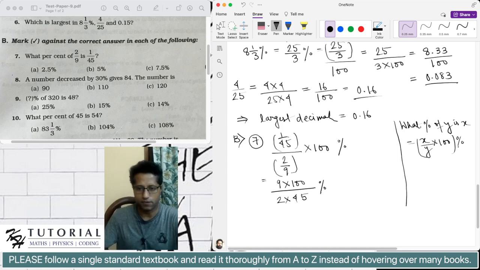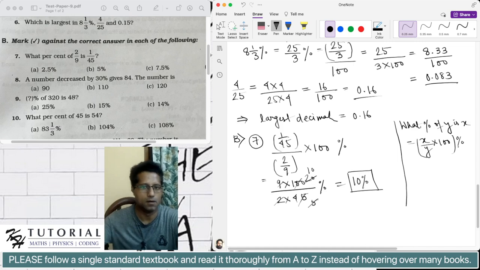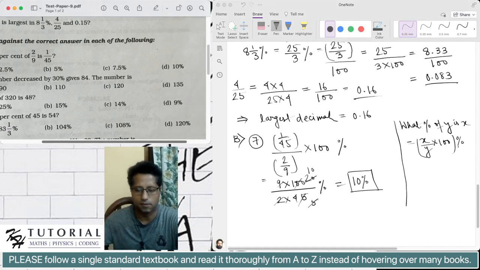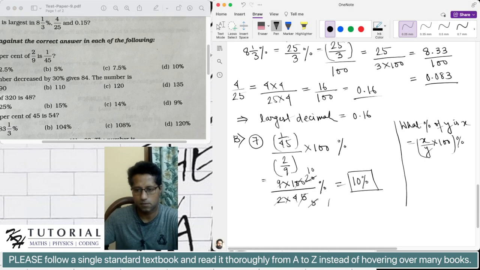Now if you do simplification, 9 cancels 45 with 5, 5 cancels 100 with 20, and 2 cancels 20 with 10. So this is equal to 10 percentage, and hence the correct choice is D.